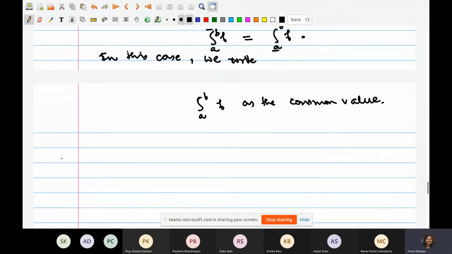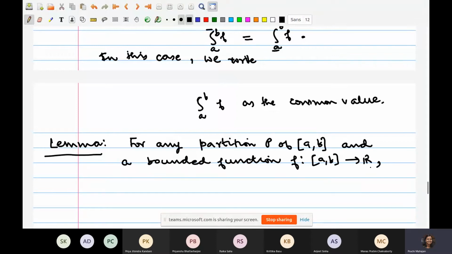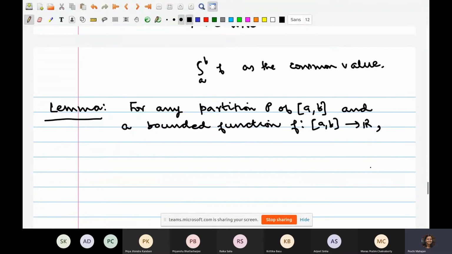Let's make this observation, maybe let me call it a lemma. For any partition P of the interval [a, b] and a fixed bounded function f defined on the same interval, the following always holds true.